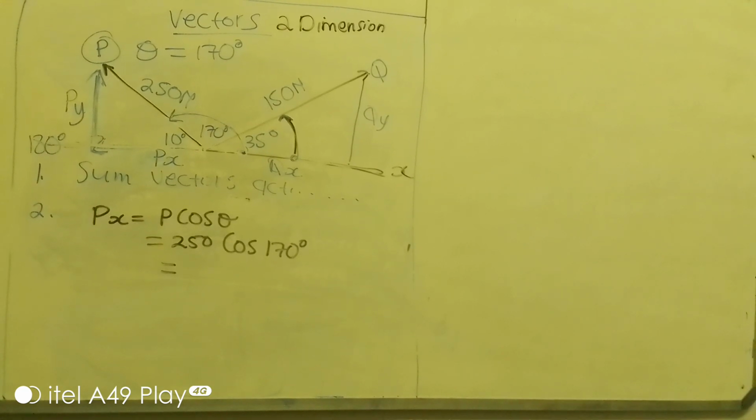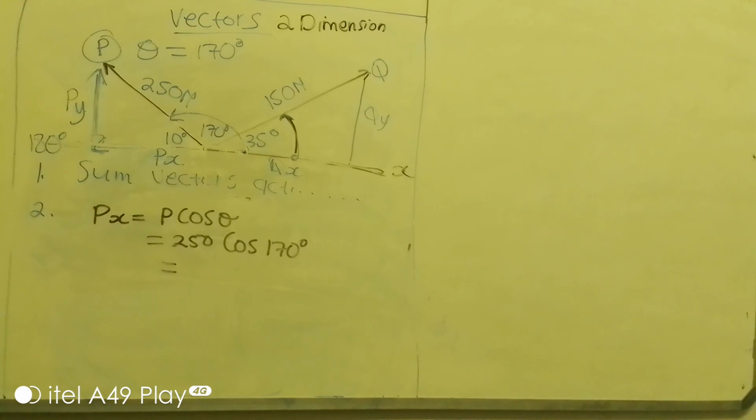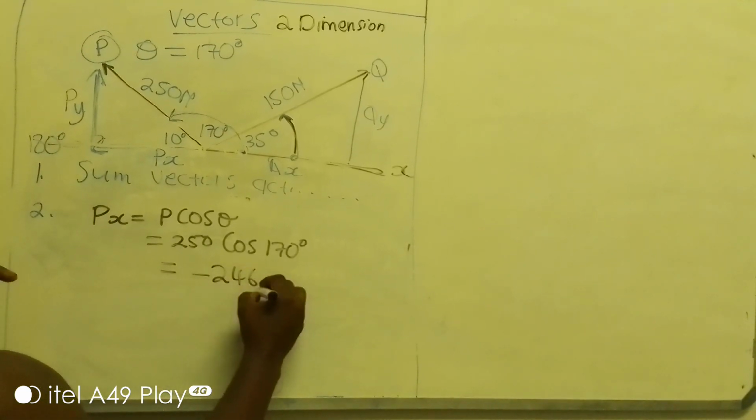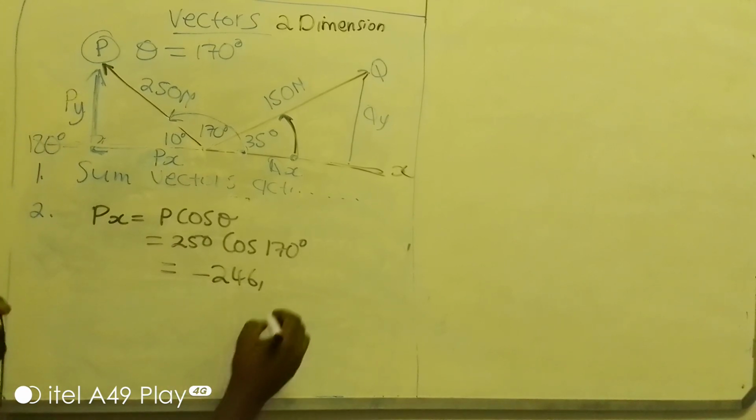Your Px is 250 times cos of 170. Yes, we get negative 246,201. Negative 246,201.